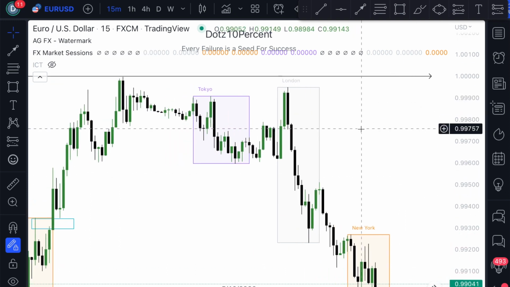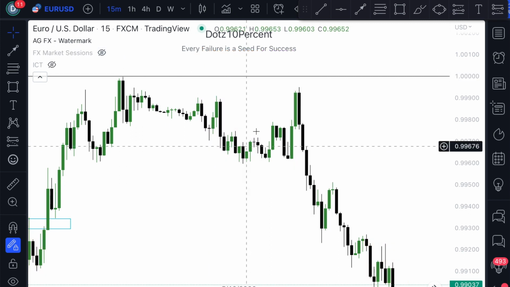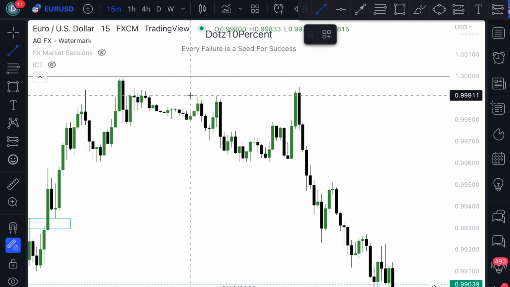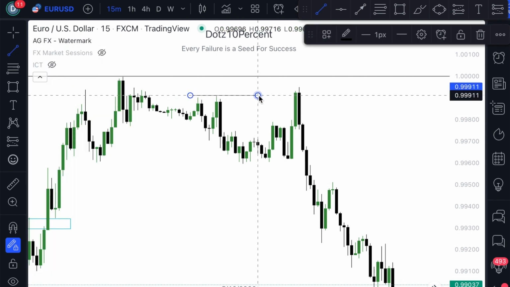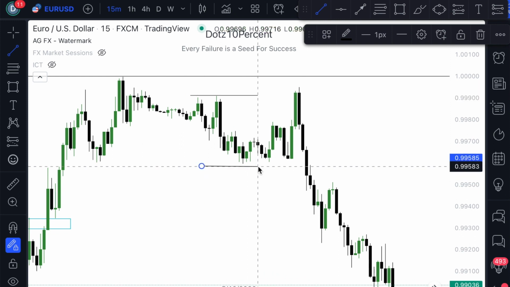Now, cool. Let's think about this, yeah? Let me turn my indicator off. We know this is our Asia range. Remember what I said at the start? What do our consolidations have?